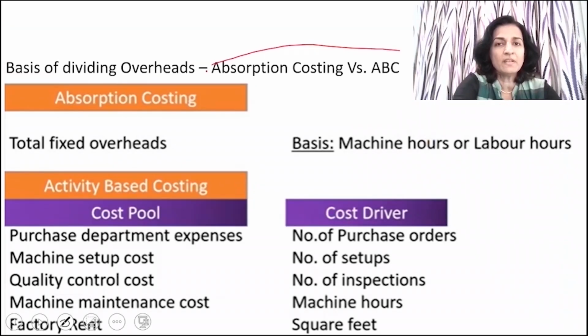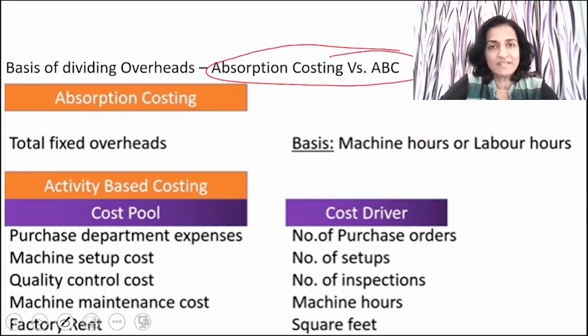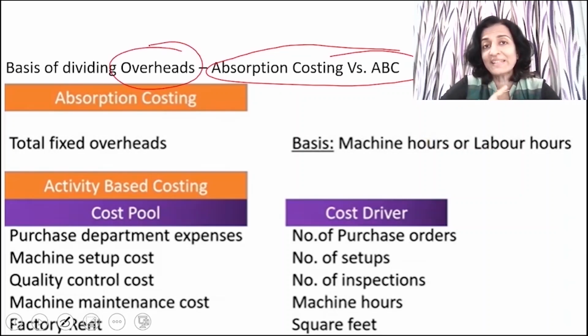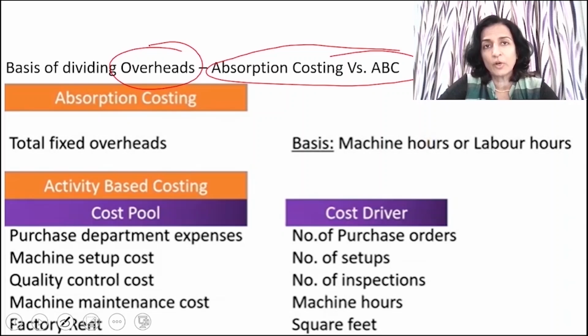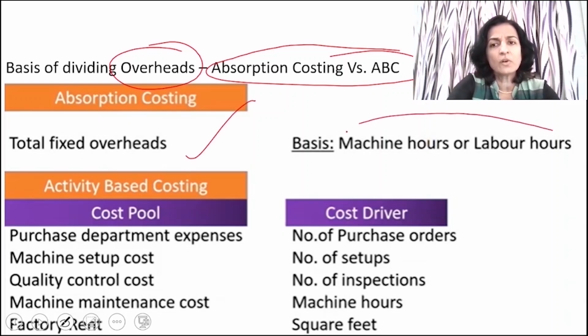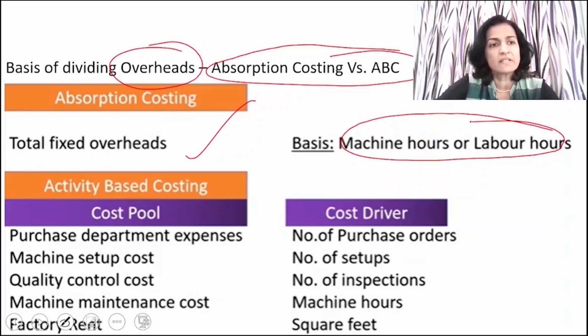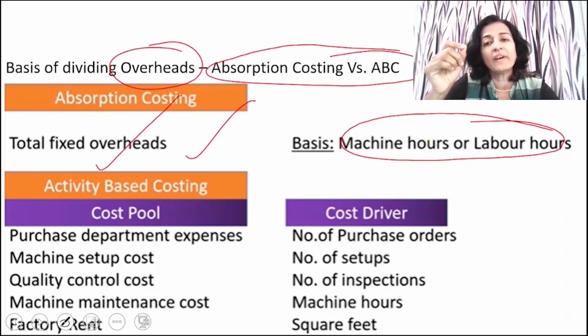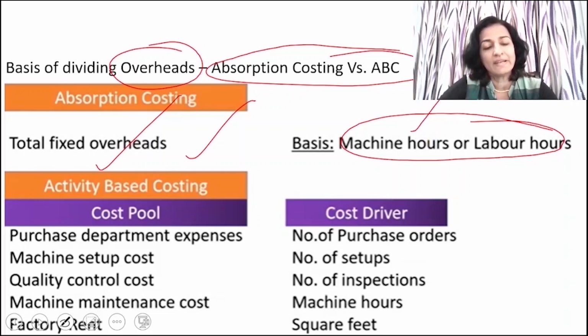Now, the difference between absorption costing and ABC is in the manner in which overheads or the indirect expenses are divided between the products. How is it divided under absorption costing? It is based on machine hours or labor hours. That is, for all the overheads, there is one standard method of dividing, either machine hours or labor hours.